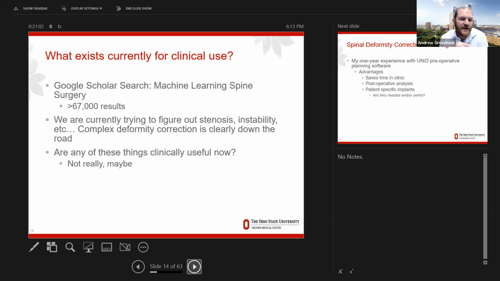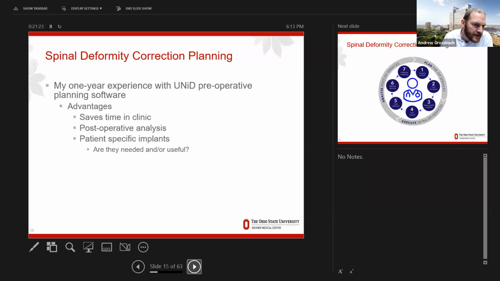We're currently trying to figure out just stenosis or not. So trying to use this stuff to predict what we're going to do with a complex reconstruction is clearly down the road a ways. So are any of these things useful now? Not really, maybe. And I'll talk about what exists right now.